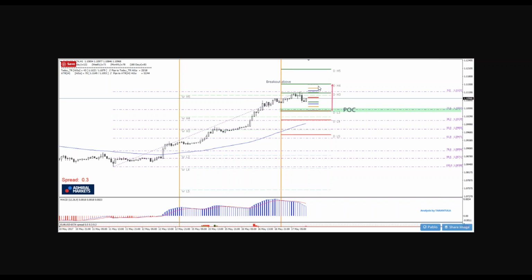My plan is to sell around 1.1140, 45 with stop loss at 75, trying to go with a counter trend trade opportunity. But as I say, it's a counter trend trade. It's not a trend trade, so it has more risk in it. So you can take it or leave it.